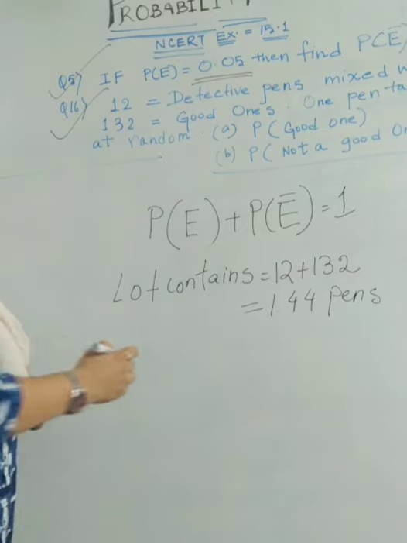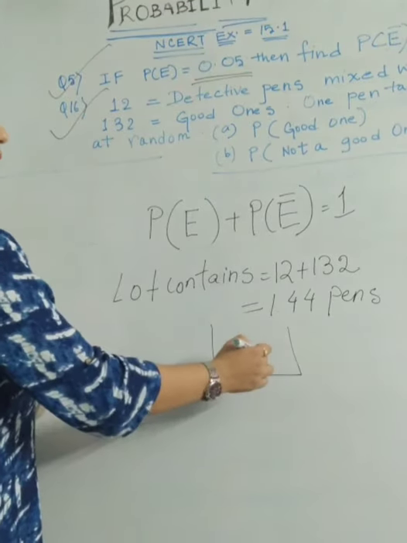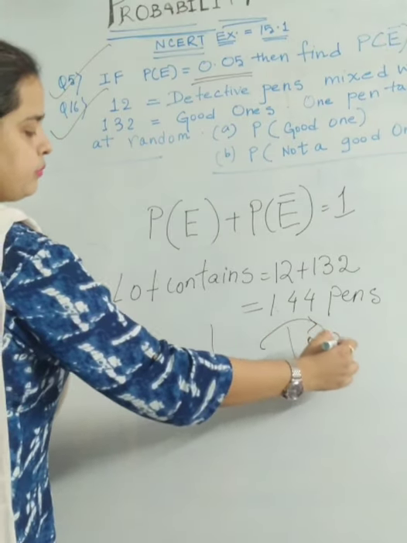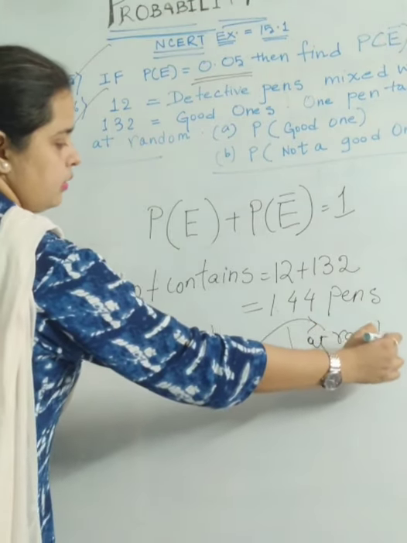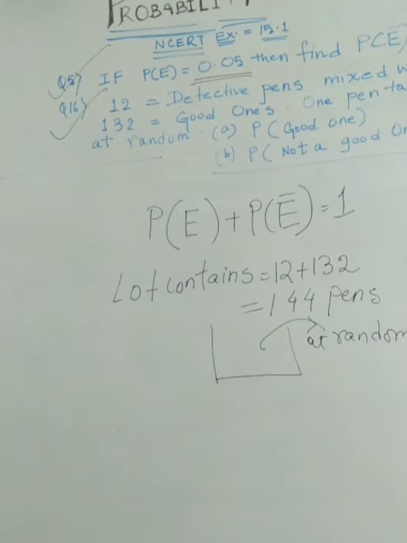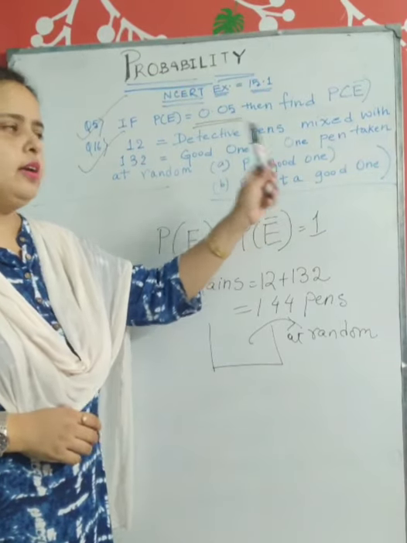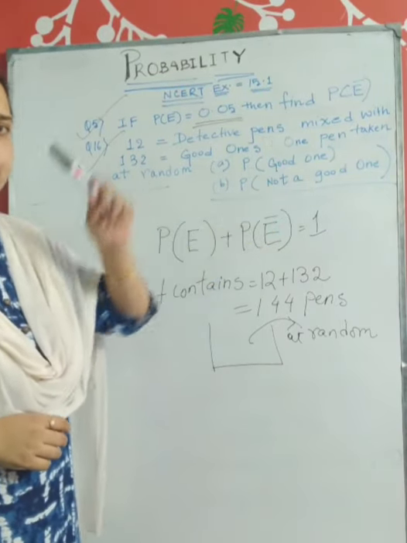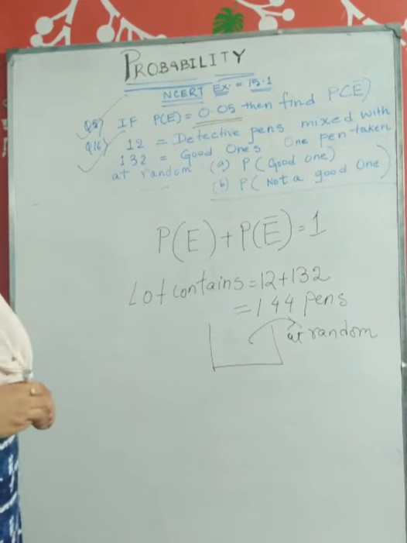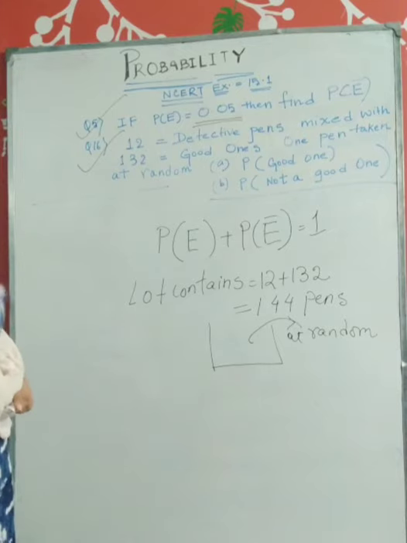Now suddenly from the particular bag, one pen is taken out at random. Now they have a question for me. They want to know what is the probability of getting a good one. A good one means a good pen. So we have to remember the definition of probability, the theoretical definition.